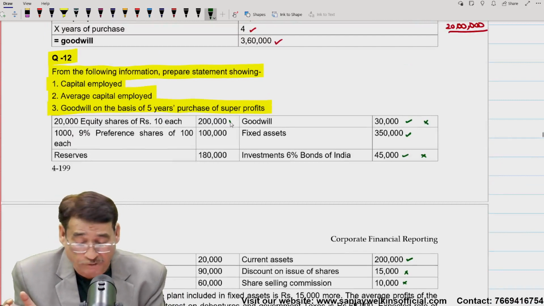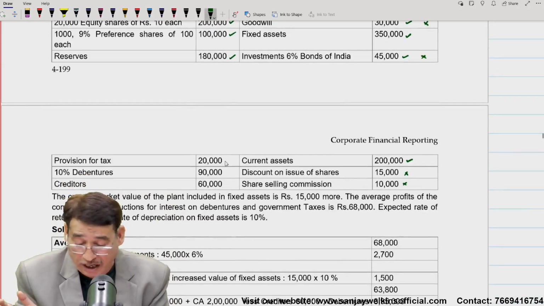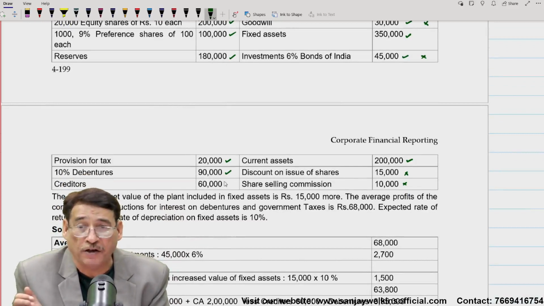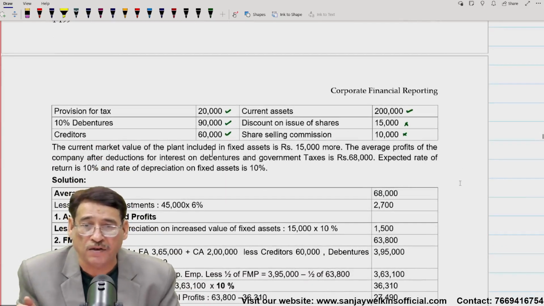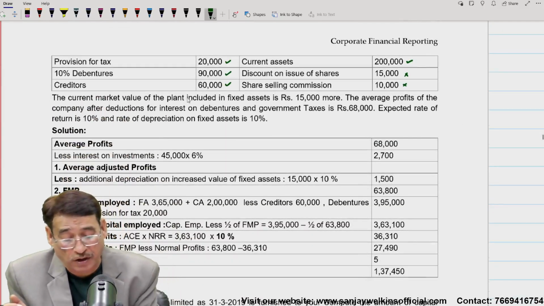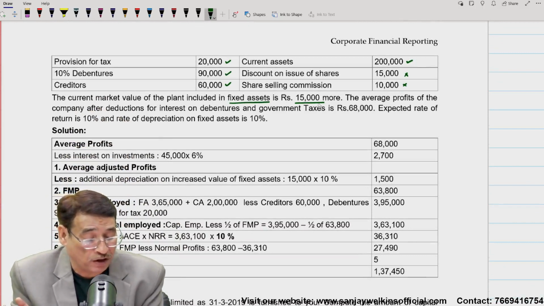Correct. Besides that, we have equity share capital, preference share capital, reserves, and besides that, we have three liabilities: provision for tax, 20,000, 10% debenture, 90,000, and besides that, we have creditors, as you can see. Is it clear? Further in the question, it is given that the current value of plant included in fixed asset is 15,000 more.